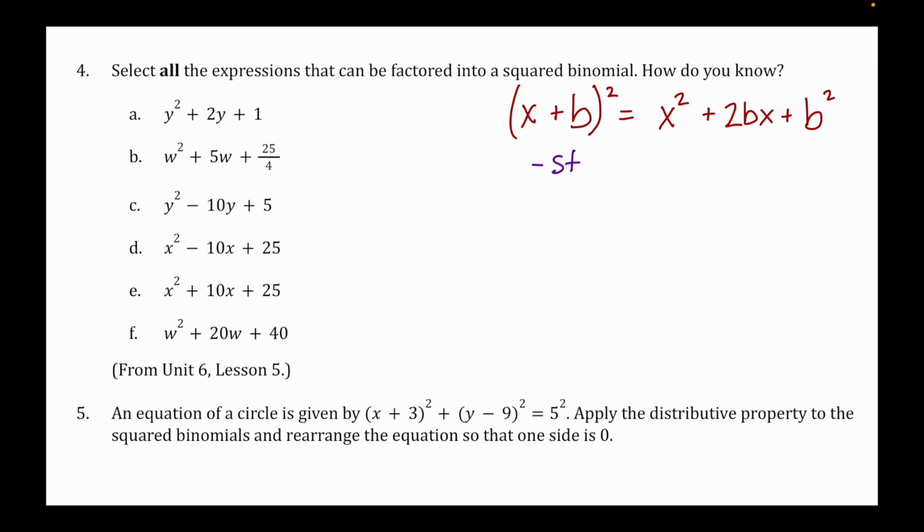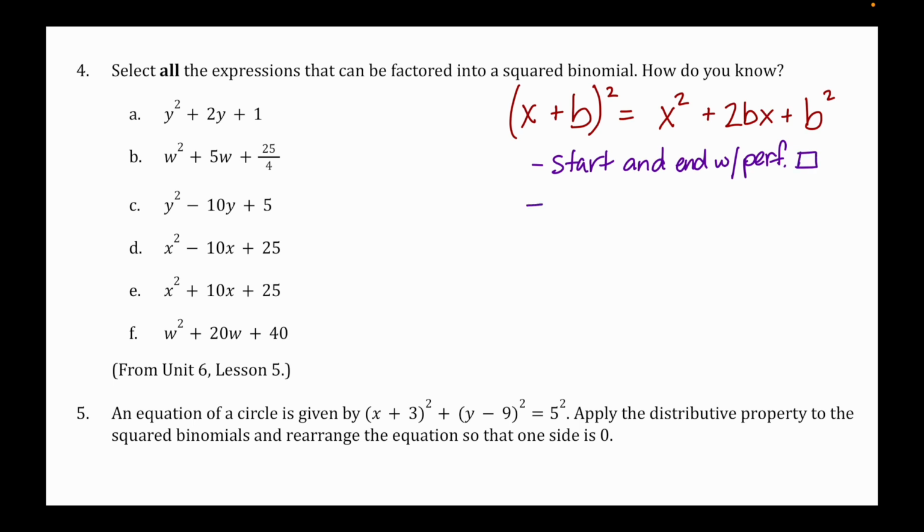Looking for start and end with a perfect square.